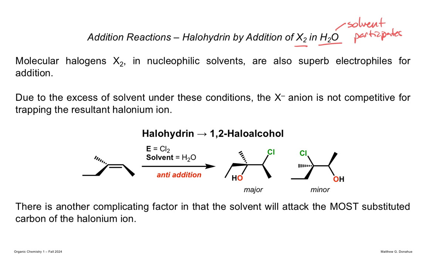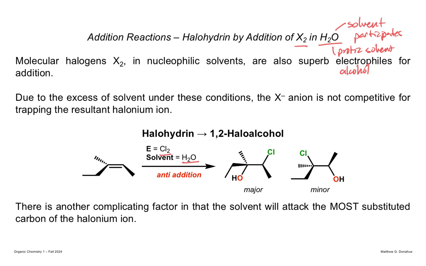The take-home message is that even though I'm showing it as water, any alcohol solvent will do this. So a protic solvent, typically an alcohol. In the one shown here, we're going to use chlorine in water.